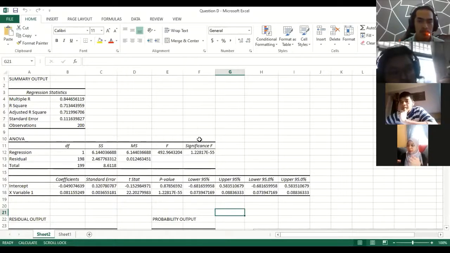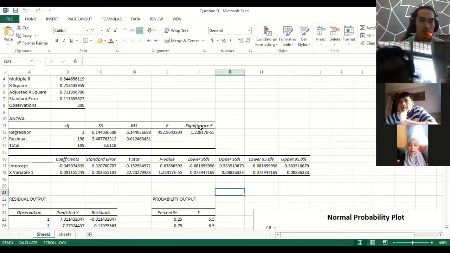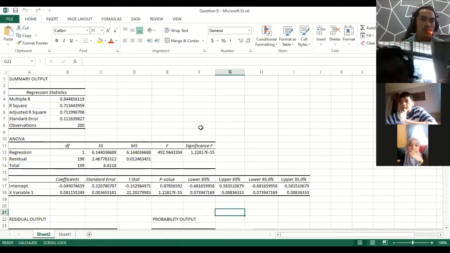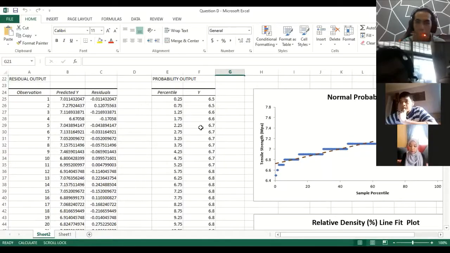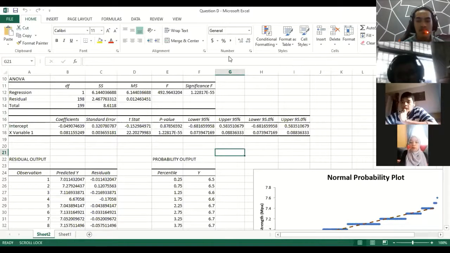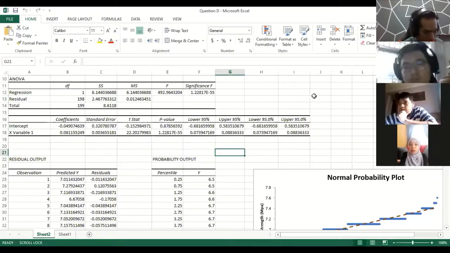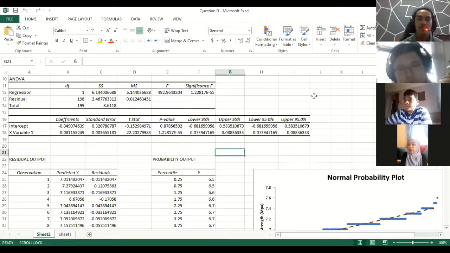For the model equation, you can identify the values from beta 1 and beta 2. The y hat is negative 0.04907 plus 0.08112 x. This is the interpretation of the simple linear model equation.